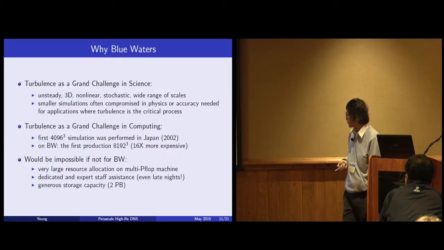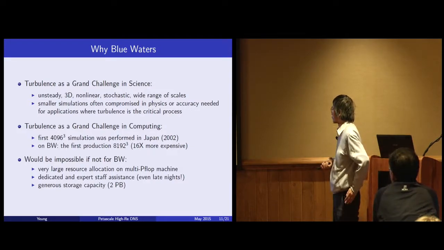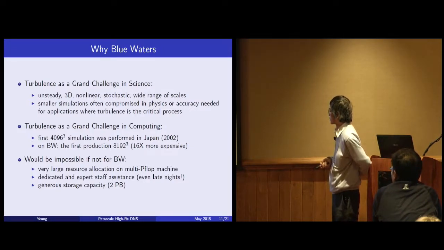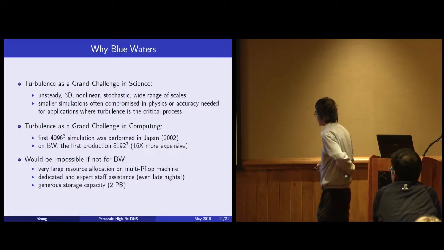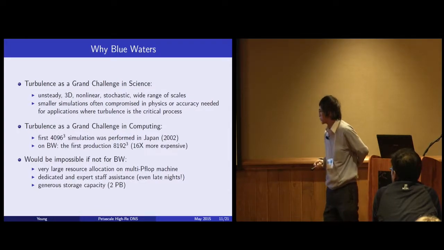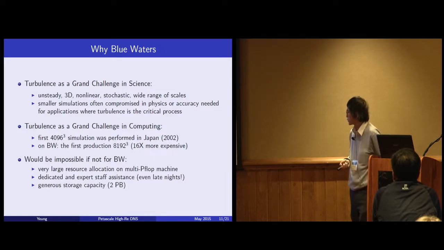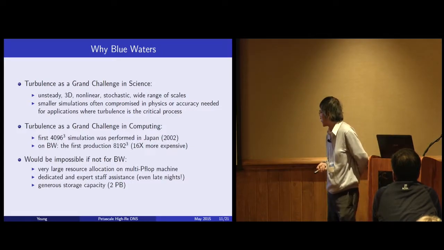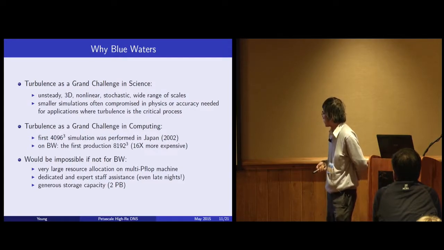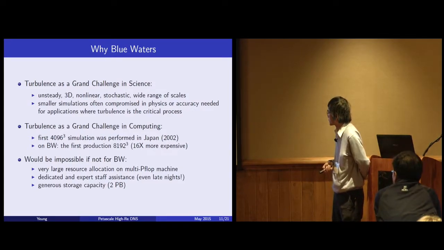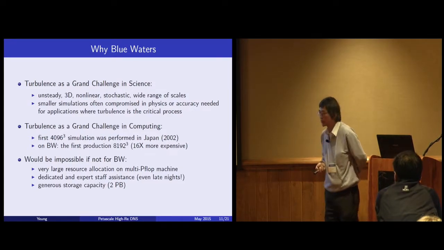And if you do not have access to Blue Waters or a substantial allocation on a multi-platform machine, if the Blue Waters staff were not as friendly to us as they were, many of them going out of their way answering our desperate requests even in late night hours, if we don't have 2 petabyte storage capacity, we may not be able to do so much.